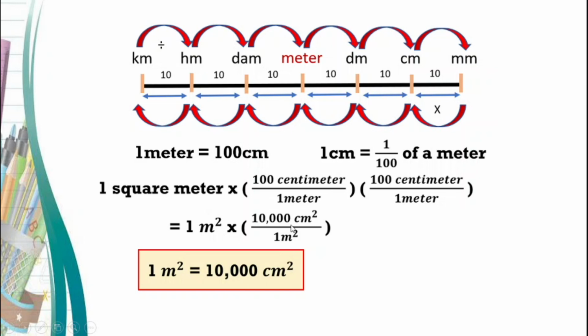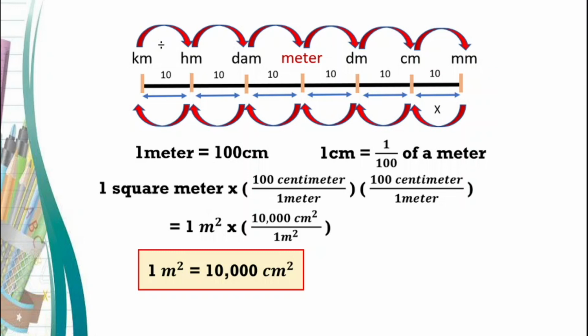Or, in a shortcut way, how many places do we move going to centimeter? We have 1, 2. So, 100 multiplied by 100, the answer is 10,000.